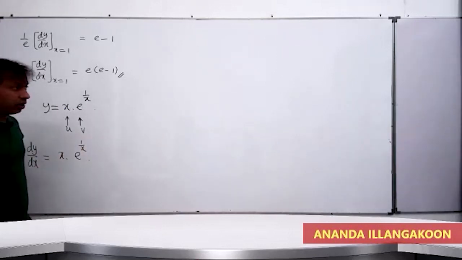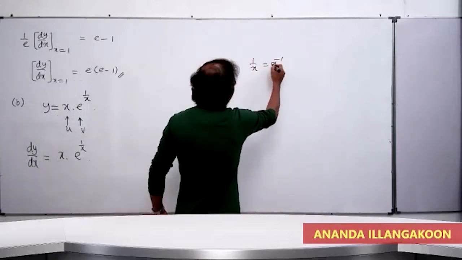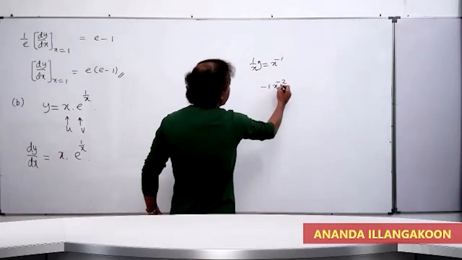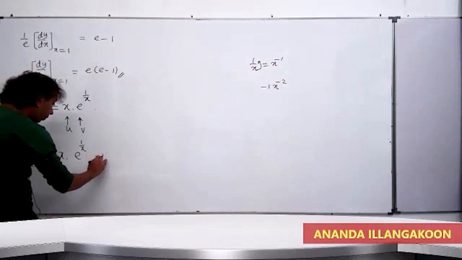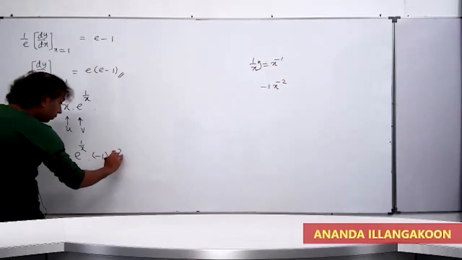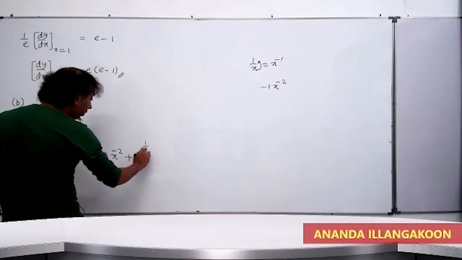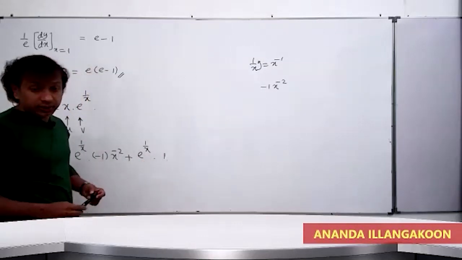When you differentiate 1 upon x, we can write it as x to the power -1, taking it to the numerator. Differentiating this, we get -1 x^-2. So we get -1 x^-2 plus e to the power 1 upon x. Derivative of x is 1. Let me take this answer.